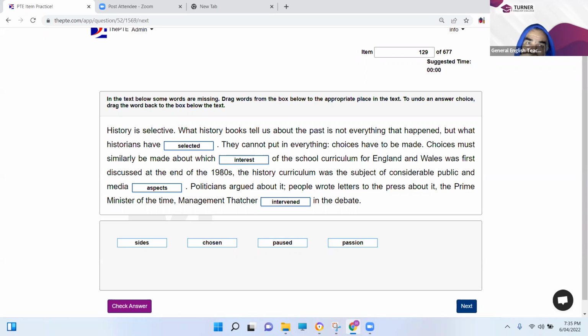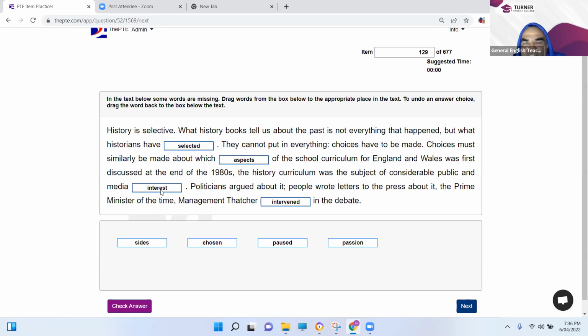Very good. So you think these two should be switched? Yes. So media interest and which aspects of the school curriculum. So we say which aspects of, and remember, if we say which and then use a noun, it should be plural. Every time you choose a noun or verb, there is a distractor.